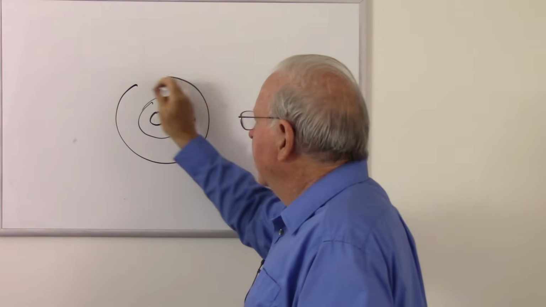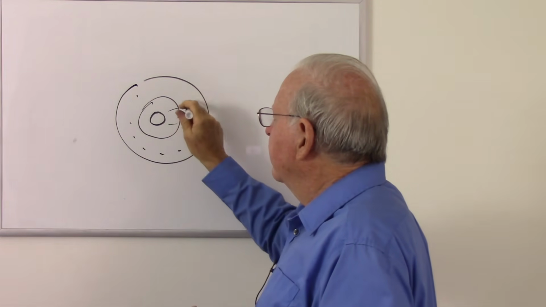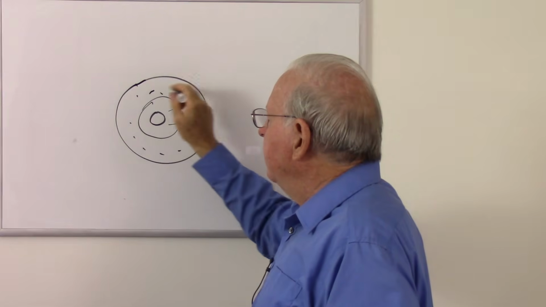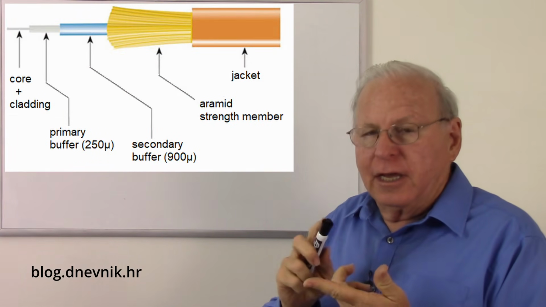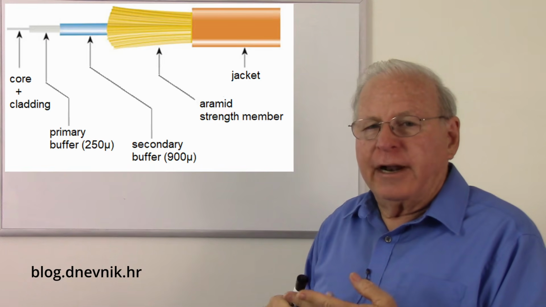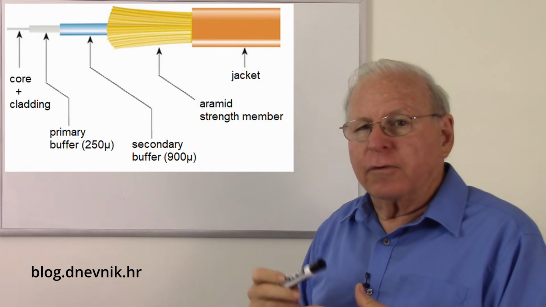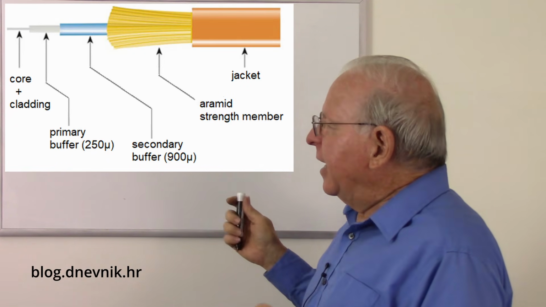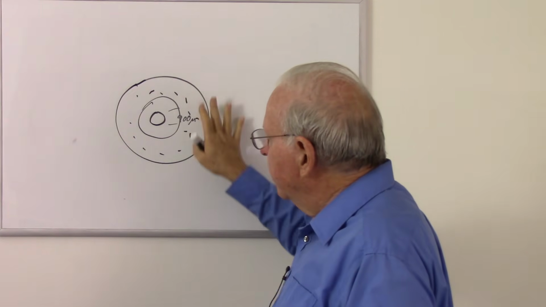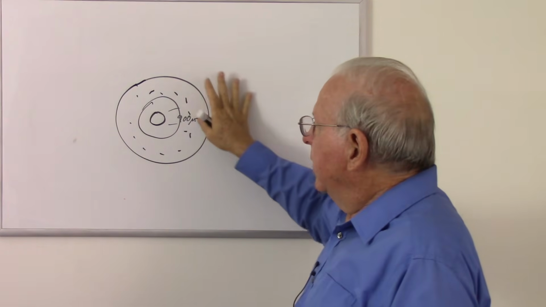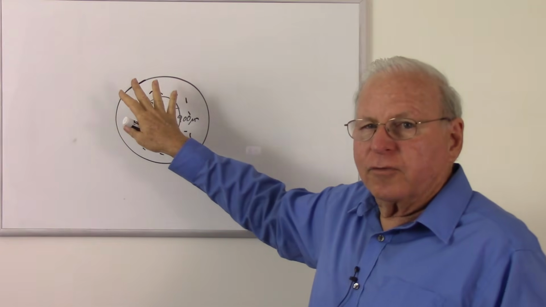So here's your strength member, and then around that is going to be your jacket, which will be colored according to the type of fiber, usually orange or aqua for graded index multi-mode fiber, or yellow for single mode fiber. And other cables, all bets are off, but when it comes to our tight buffered simplex or duplex cable, the jacket color tells you what it is.